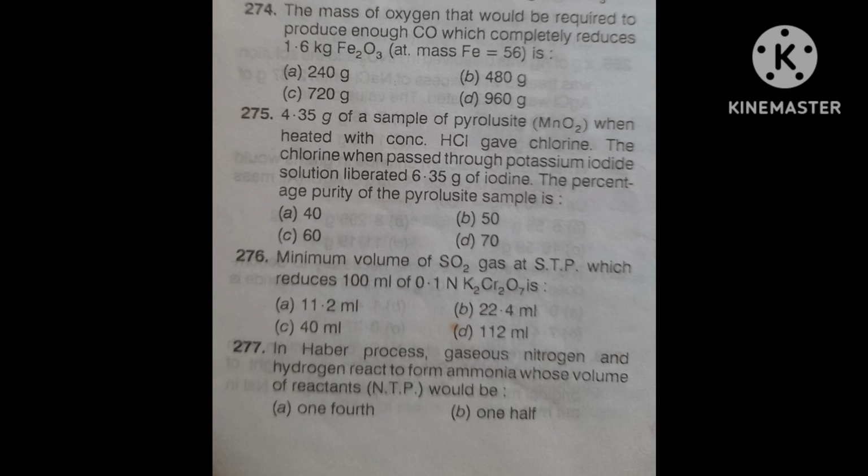According to the question, a 4.35 gram sample of pyrolusite when heated with conc HCl gave chlorine. The chlorine when passed through potassium iodide solution liberated 6.35 gram of iodine. You have to calculate the percentage purity of the pyrolusite sample.